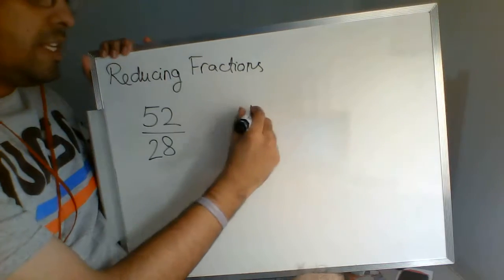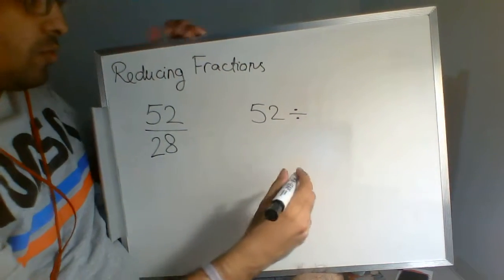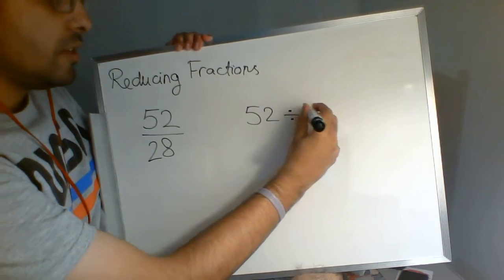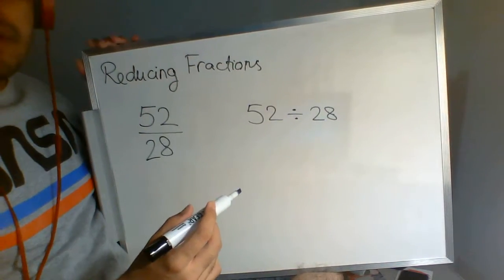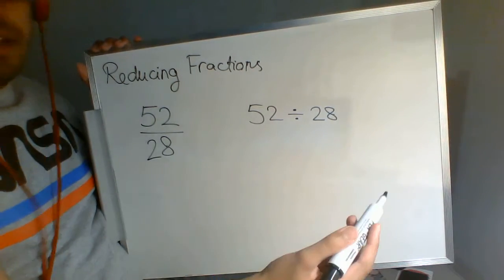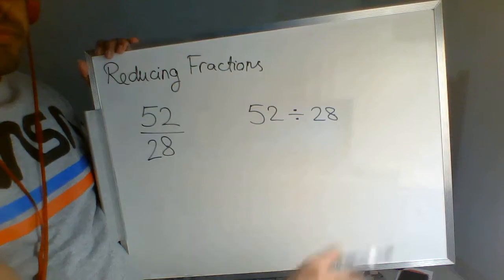So basically what this means is, if you were trying to do it in the context of a word problem where you've got 52 chocolate bars and 28 friends, first off, that's a lot of friends, but you could describe this fraction as 52 divided by 28. That's a perfectly valid way to go about this.